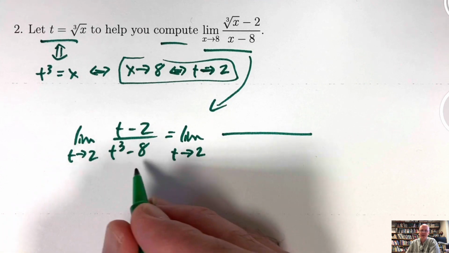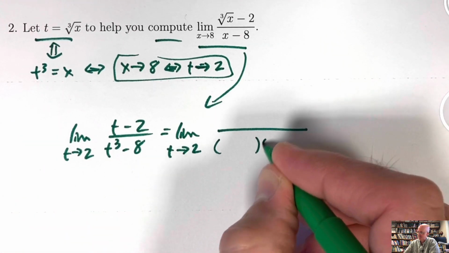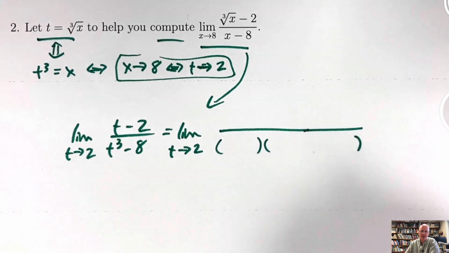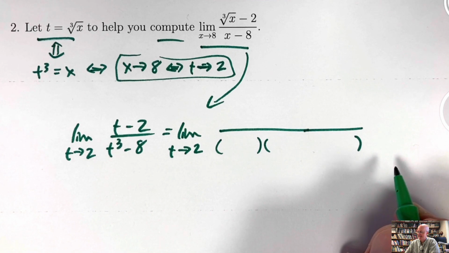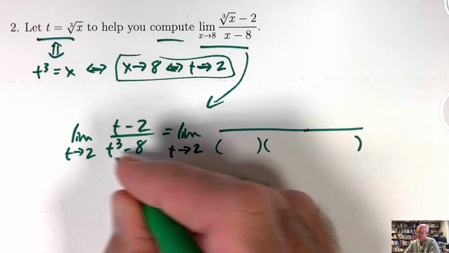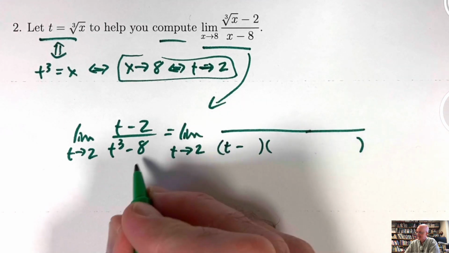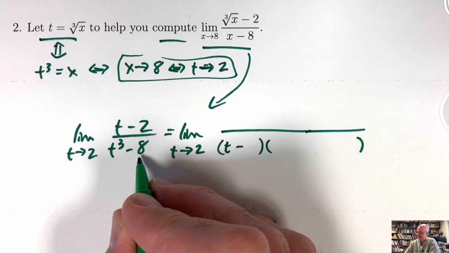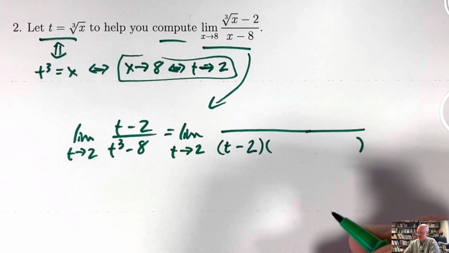When you get the difference or sum of two cubes, you can always factor it as a certain binomial times a certain trinomial. Binomial has 2 terms, trinomial is going to have 3 terms. And with the difference of 2 cubes, you want to put the first expression that's being cubed first here, minus the cube root of the second expression, which is 2, in the second spot.